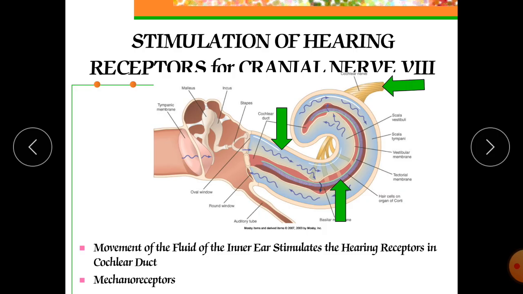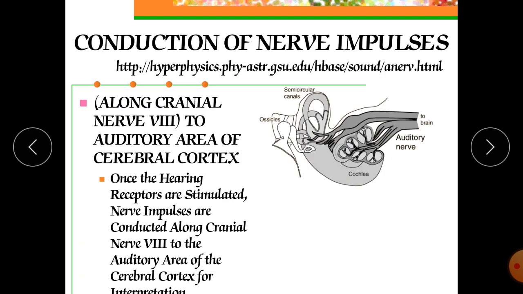From the perilymph part they will go into the endolymph part, and from the endolymph part they will finally go into your nerve. So in this fashion the journey of our sound waves occurs.